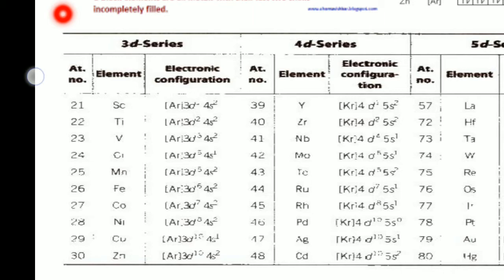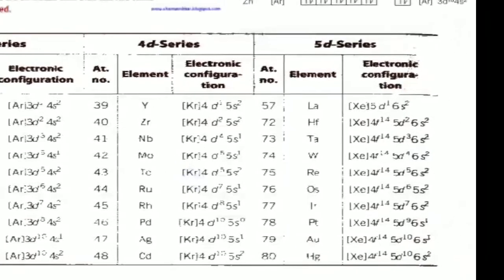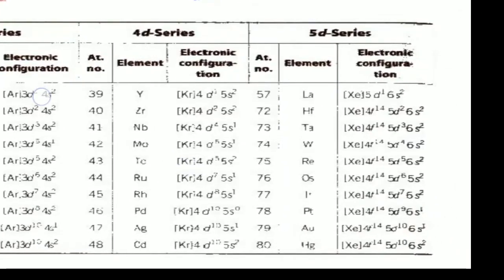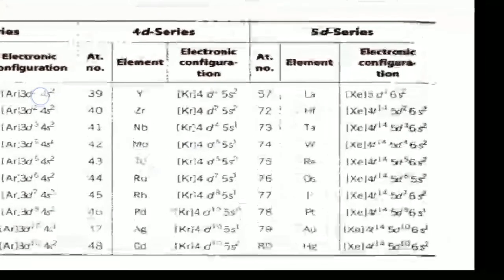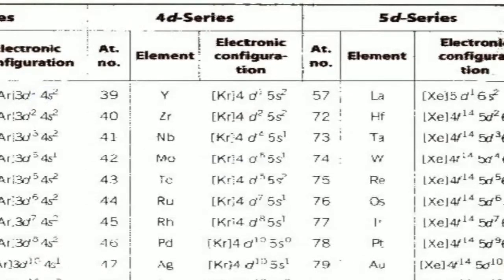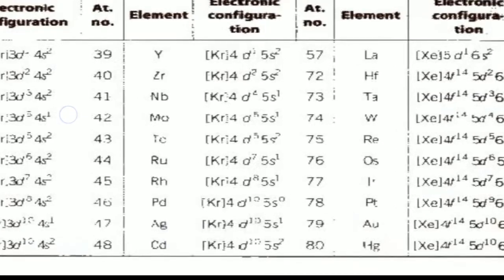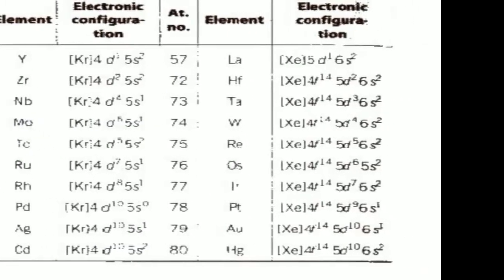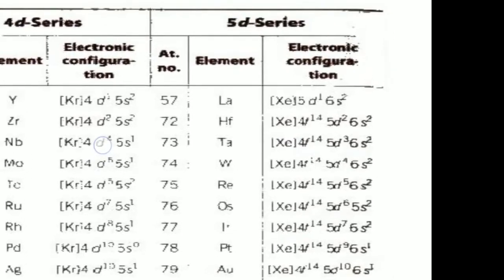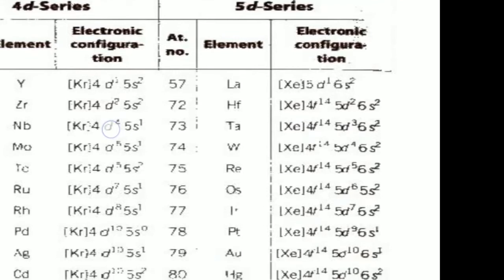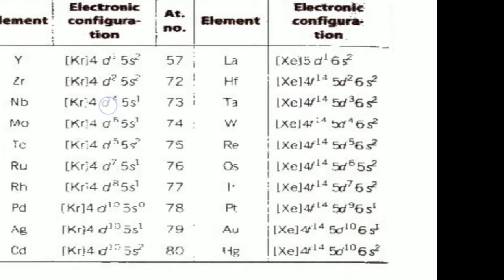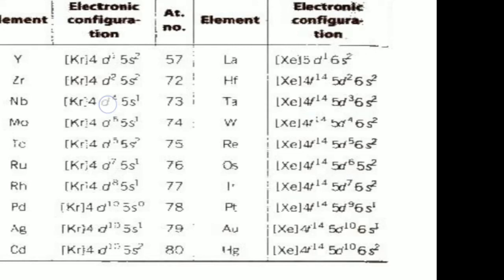Such kind of electronic configurations can also be seen in the 4d series, in which molybdenum is showing it, and silver is also showing it. So these are the anomalous electronic configurations. In the 5d series also, some elements have different electronic configurations, which can be seen in this particular table of electronic configurations.